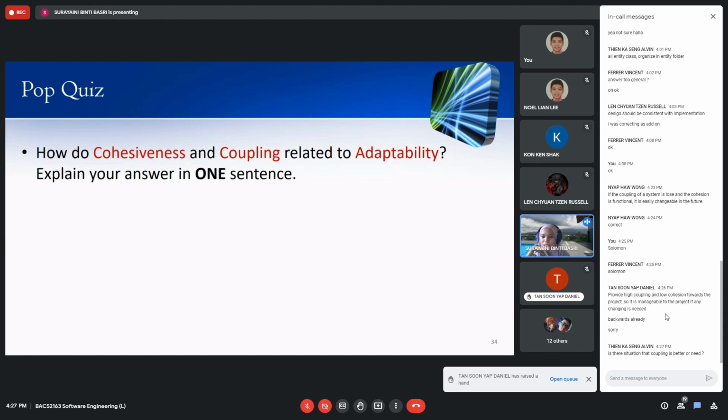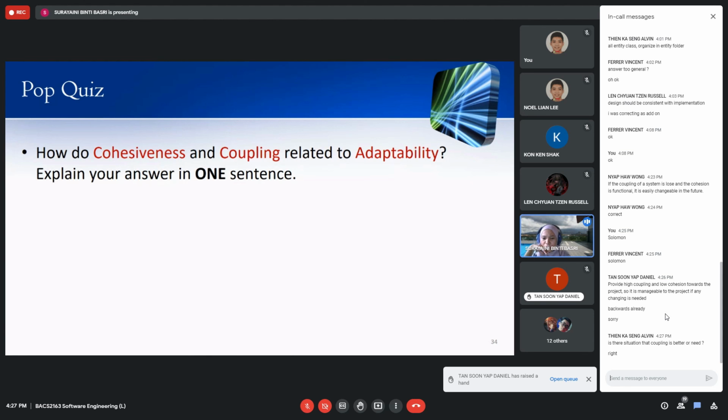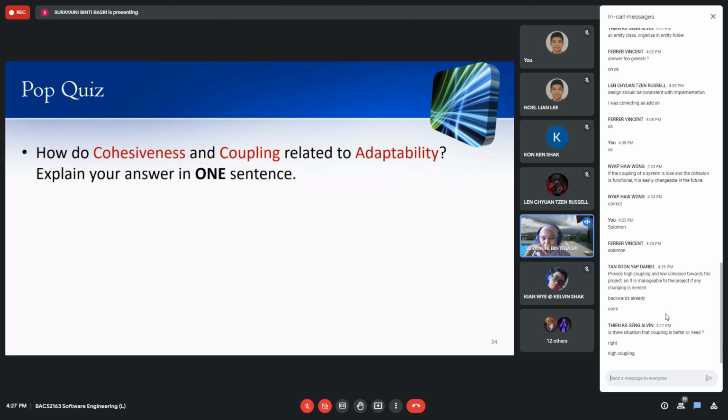is there a situation where high coupling is better or needed? You mean the type of system that will need high coupling, right?